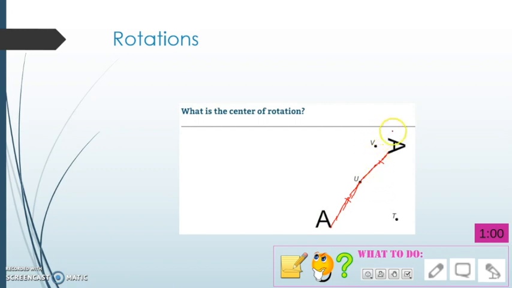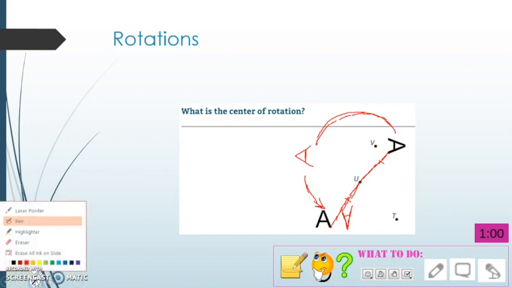But if we think about this letter A turning around, if the letter A turns to about here, if it makes 180 degrees, it's going to be oriented this direction. So by the time it gets all the way down here to the bottom, it's going to be oriented upside down. So that's the big problem with U as the center of rotation.